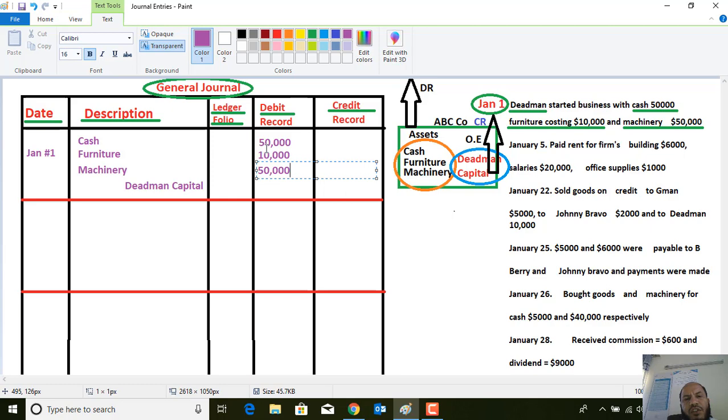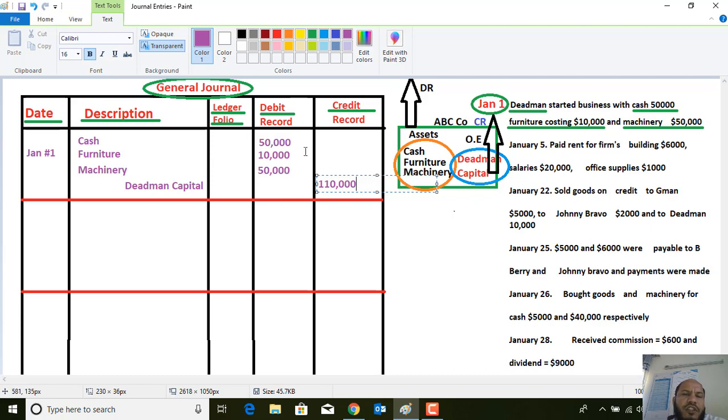So in simple terms, the cash, furniture and machinery invested by Deedman had a cost of how many dollars? We may say 50 plus 10, 60, plus 50 is equal to 110,000. This is the total amount of money invested by Deedman in this business.